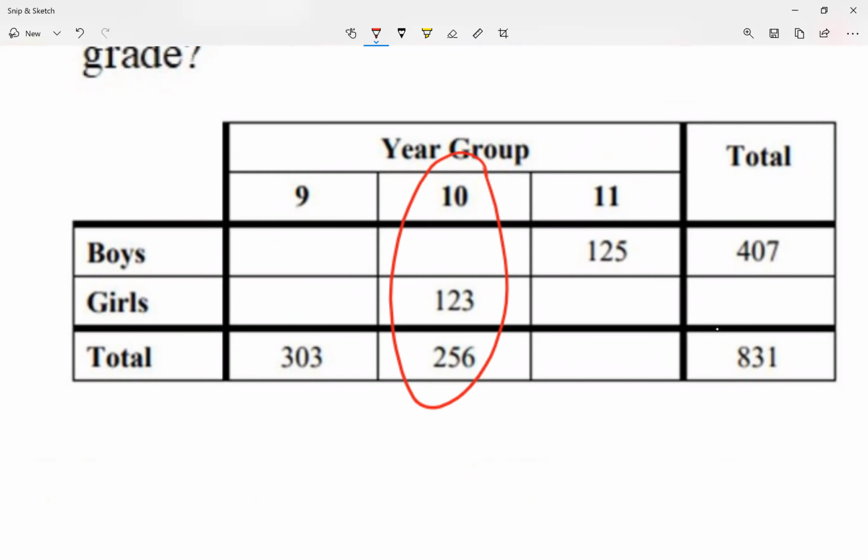So I'm just going to go 256, which is the total, minus 123. So I'm going to figure that there's 133 boys in 10th grade. I'm looking for a row or column that is only missing one value. So look at the row that says boys.